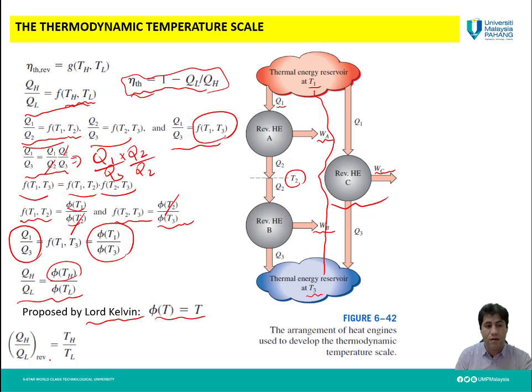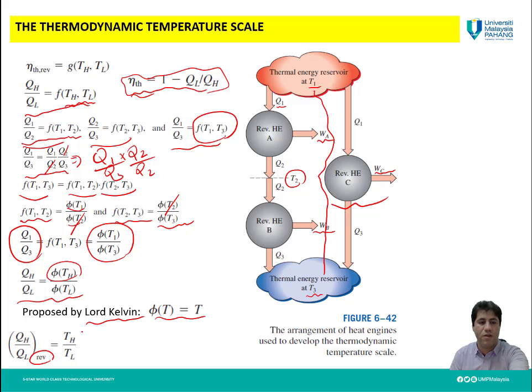We can rewrite this equation: QH by QL for a reversible cycle, as proposed by Lord Kelvin, is equal to the temperature of the reservoir with higher temperature divided by the temperature of the reservoir with lower temperature.